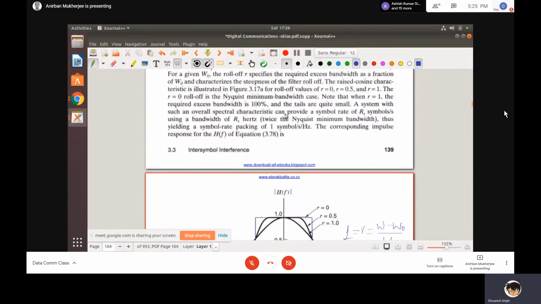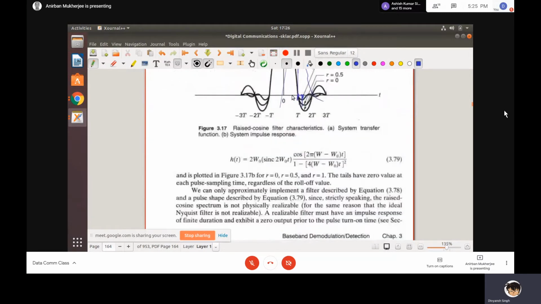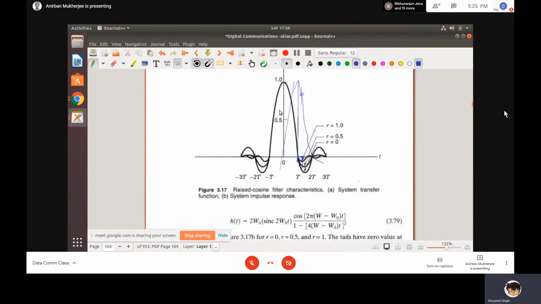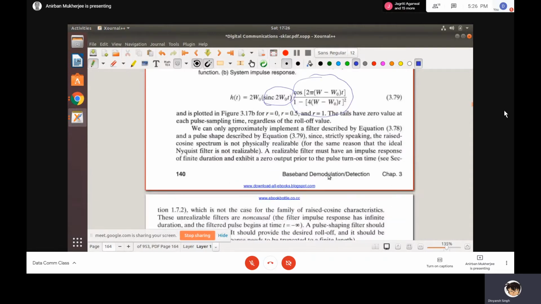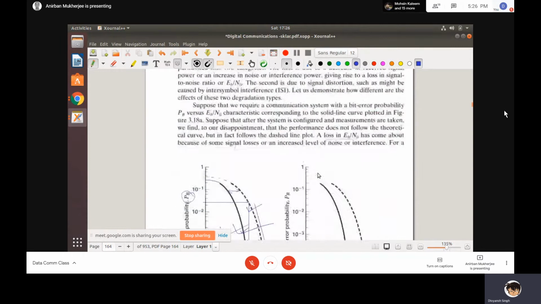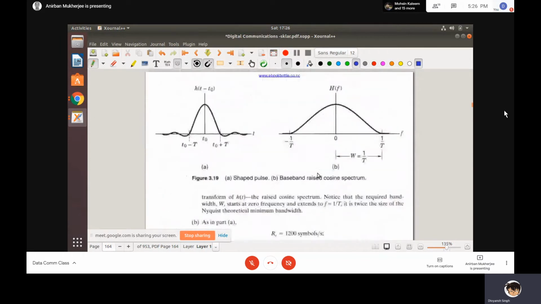So this is called the raised cosine filter, and if you do this operation in the time domain, you see that I have a sinc, normal sinc, but also I have some cosine term. Okay, this you have already studied. Now let us see this effect.